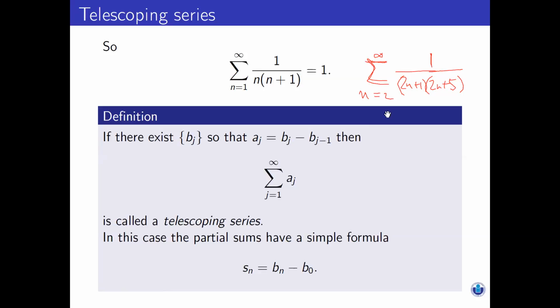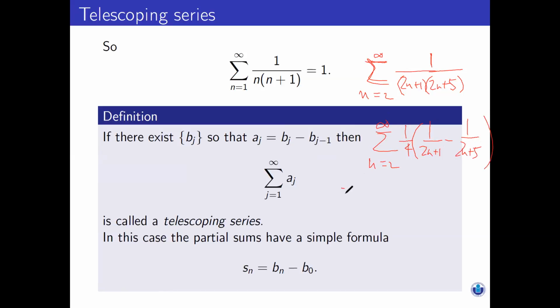So this one, you can write this as 1/4 of the sum of 1 over 2n plus 1 minus 1 over 2n plus 5.